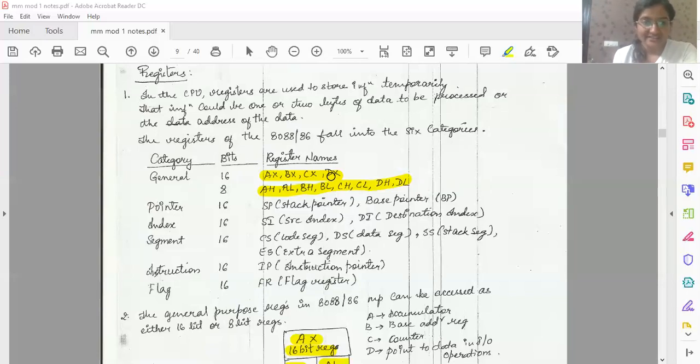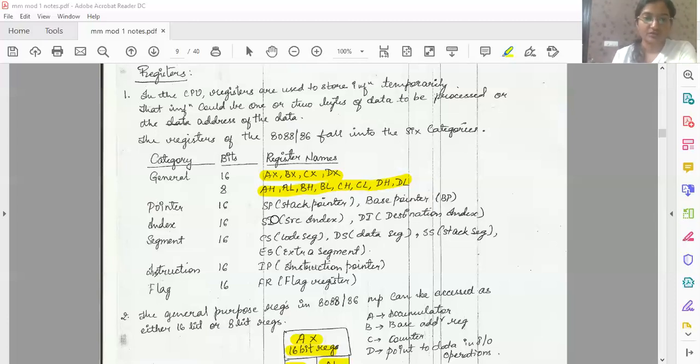Next, we have segment registers. I have been repeating this many times: the entire 1 MB memory is divided into four different segments. These different segments have their own starting addresses, and these starting addresses are held in their respective segment registers.